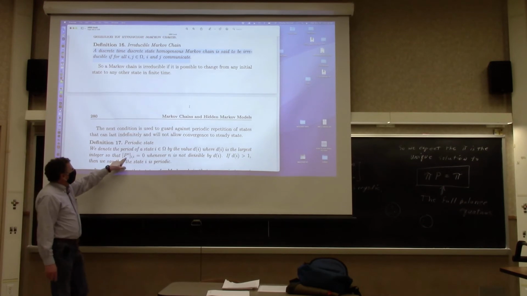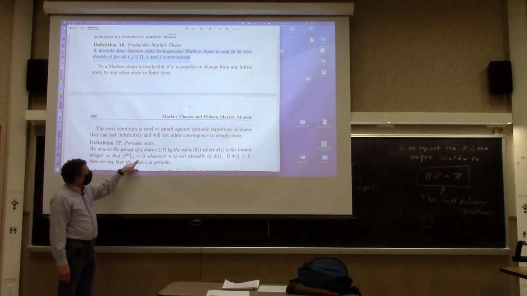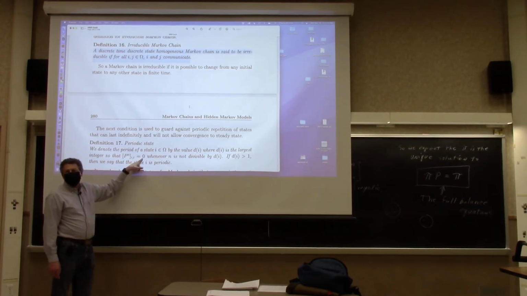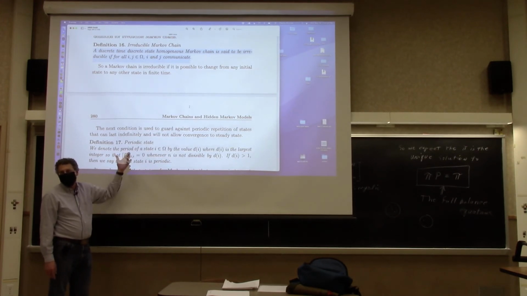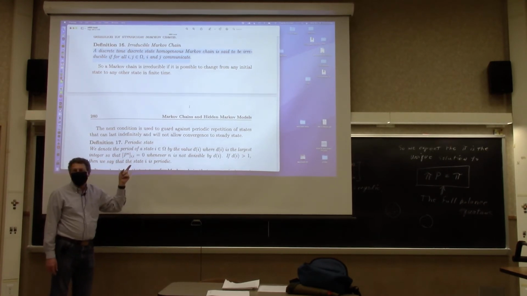So every integer n greater than 0 is divisible by 1, right? And it says it's equal to 0 when n is not divisible by d. So this is always equal to 0 whenever n is not divisible by 1, because it's always divisible by 1. Therefore, it meets the constraint. So 1 always satisfies this.